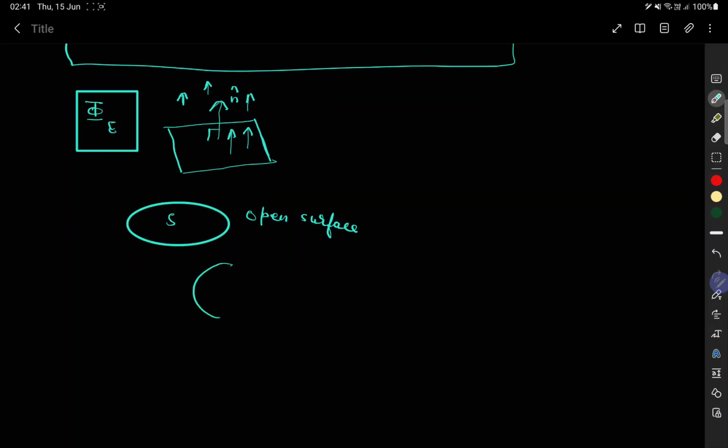Now let's say you have a sphere, but it's hollow. Or let's just say you have a sphere, but you only want to consider the surface of the sphere.